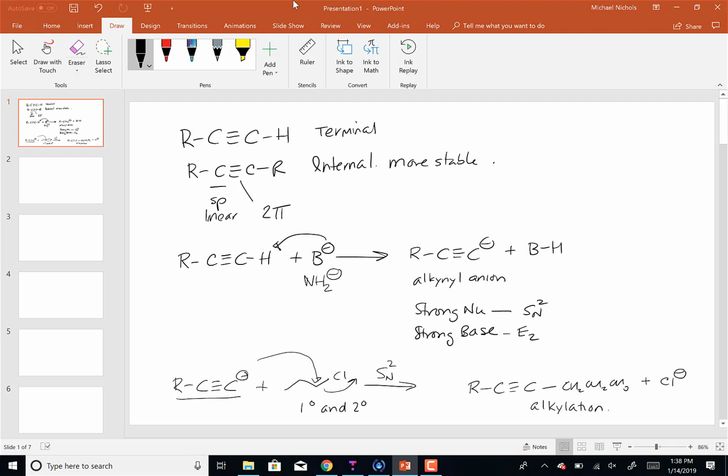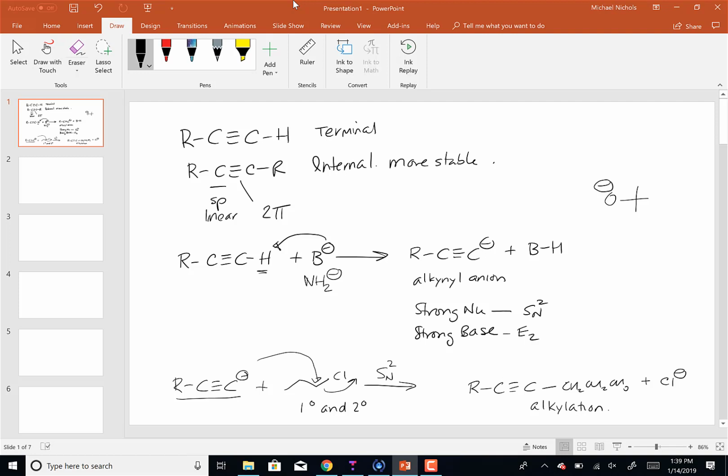So last semester we used this in E2 reactions, and the product was the most stable double bond, as opposed to our other base that we used, which was our tertiary butoxide. Tertiary butoxide will not deprotonate this CH. I've got to use an NH2 minus to do that.